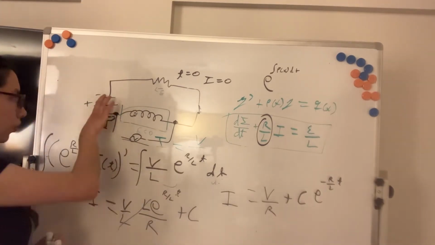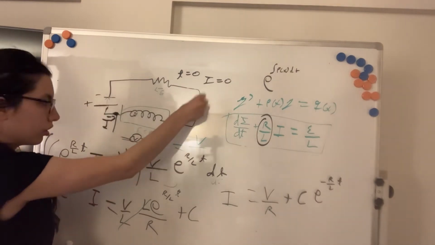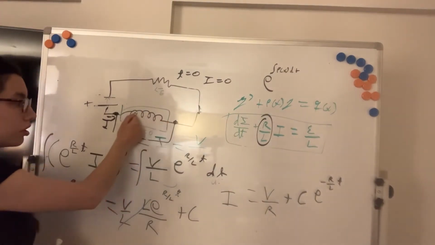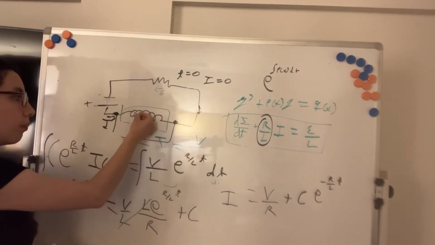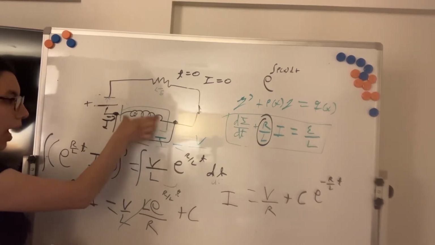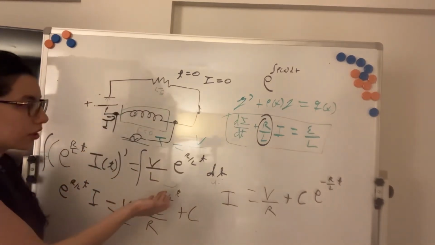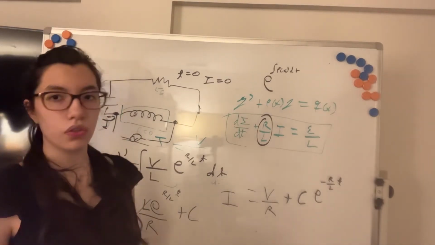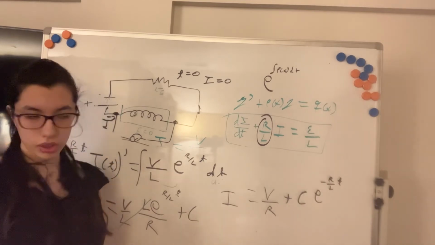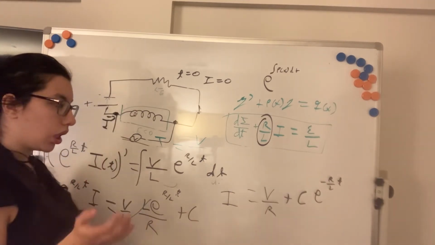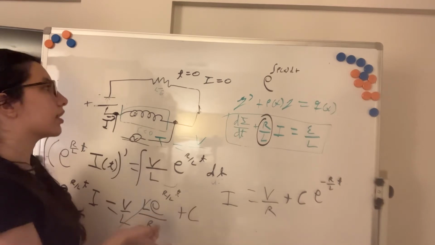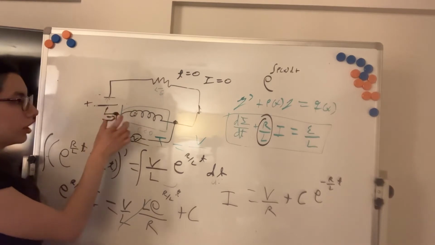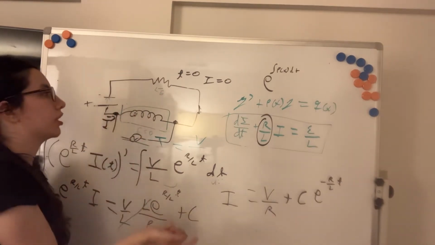When we close the switch, current flows through this solenoid, and this current produces a magnetic field, and this change in magnetic field in turn produces a current. This induced current is called the eddy current, and it goes in the opposite direction to the current that created this magnetic field. So always the self-inductance will be opposing the change in the current.